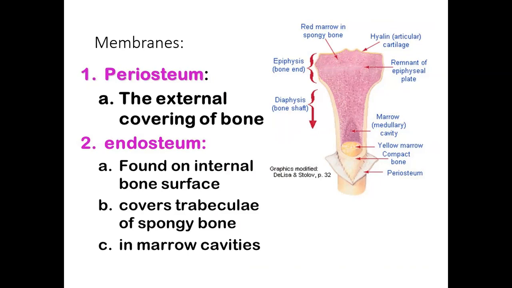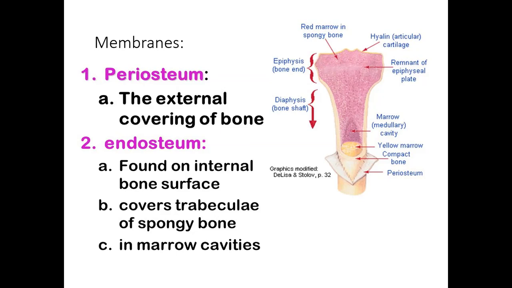Alrighty, page 3. Number 13, bones have a membrane covering. Identify the membranes of bones. We mentioned earlier about growth occurring in certain locations. One of the locations was the periosteum, which is the external covering of bone, except in locations where there's a joint surface.